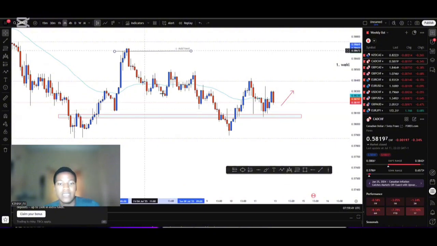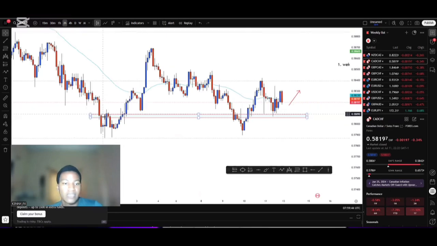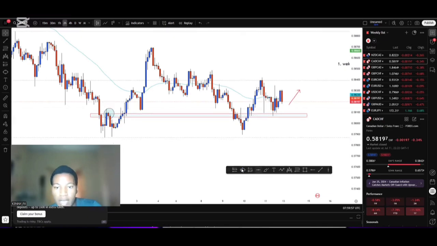If you notice, this level I'm trying to buy from is lower time frame resistance. Remember I said we need a minimum of 3 touch points. We have 1 here, 2 here, and 3 here. And this is the fourth one, and it's rejecting.